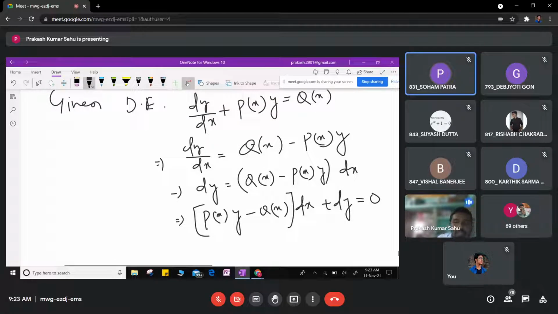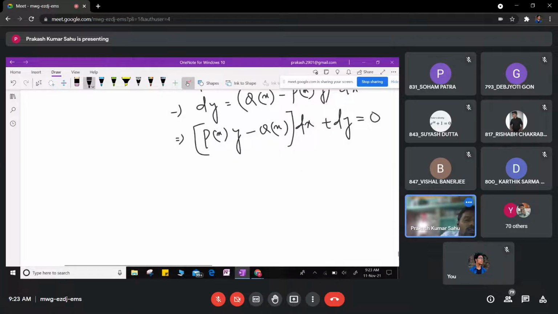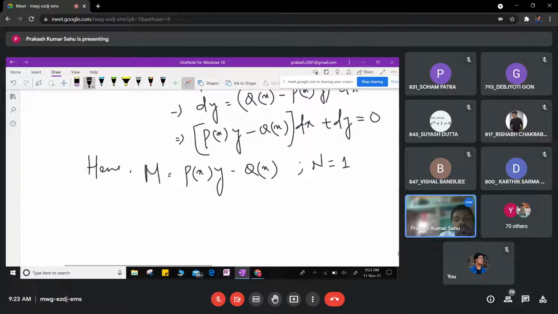Yes, sir. So I can write this given differential equation, a linear differential equation, in the form M dx plus N dy. Here M is equal to px into y minus qx, and N is equal to 1. Now let us check for exactness.